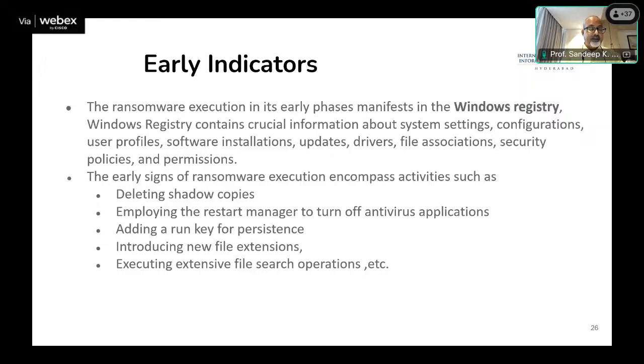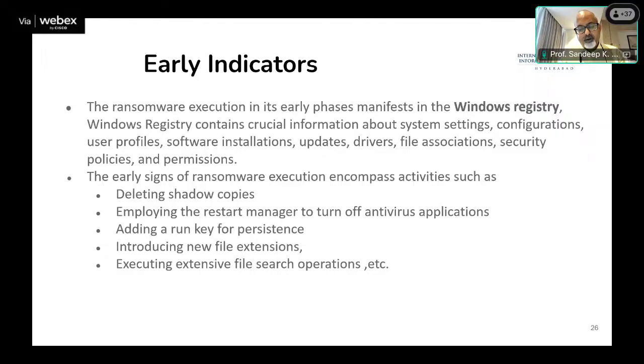Of course, this is for Windows ransomware; it won't work in Linux and other environments. But here, if you do this, you can see early signs. There are multiple early signs like deleting shadow copies, employing the restart manager to turn off antivirus applications, adding a run key into the registry, introducing new file extensions, executing extensive file search operations, and this kind of stuff.